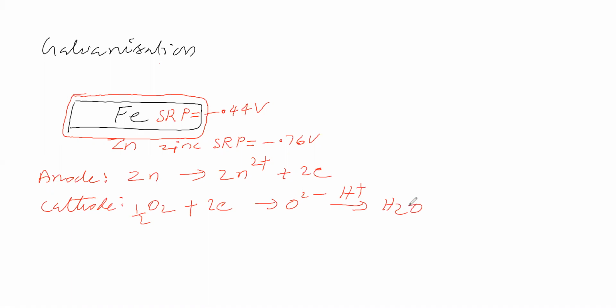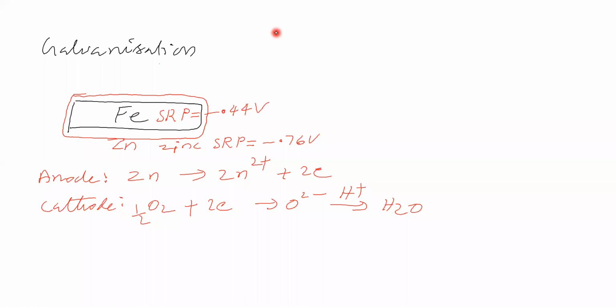That means in this process, which undergoes dissolution, zinc or iron? Here the anode is zinc, and the cathodic process is by atmospheric air. So zinc undergoes oxidation, therefore zinc dissolves; iron will not undergo oxidation. Iron is protected due to zinc.